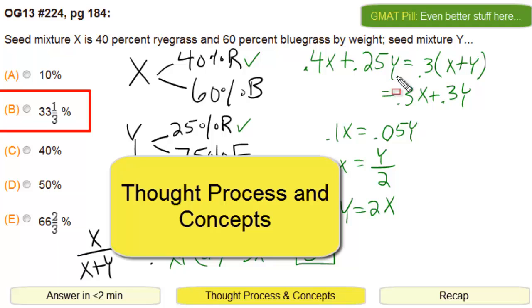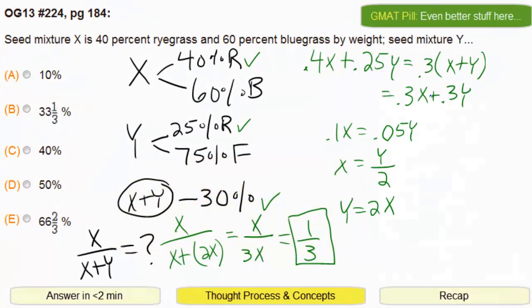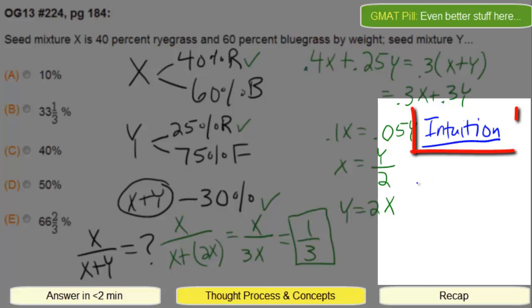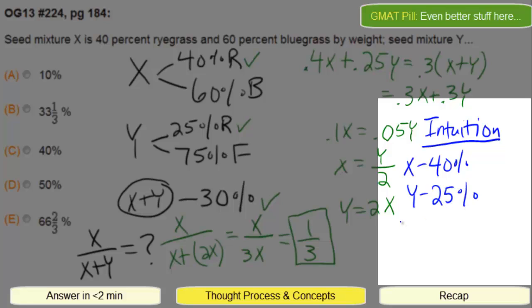So we got the answer here, but I also think it's important that you understand the intuition behind this question. We're told that with X you have 40%, and with Y you have 25%, and some combination gets you a mixture that has 30% ryegrass.